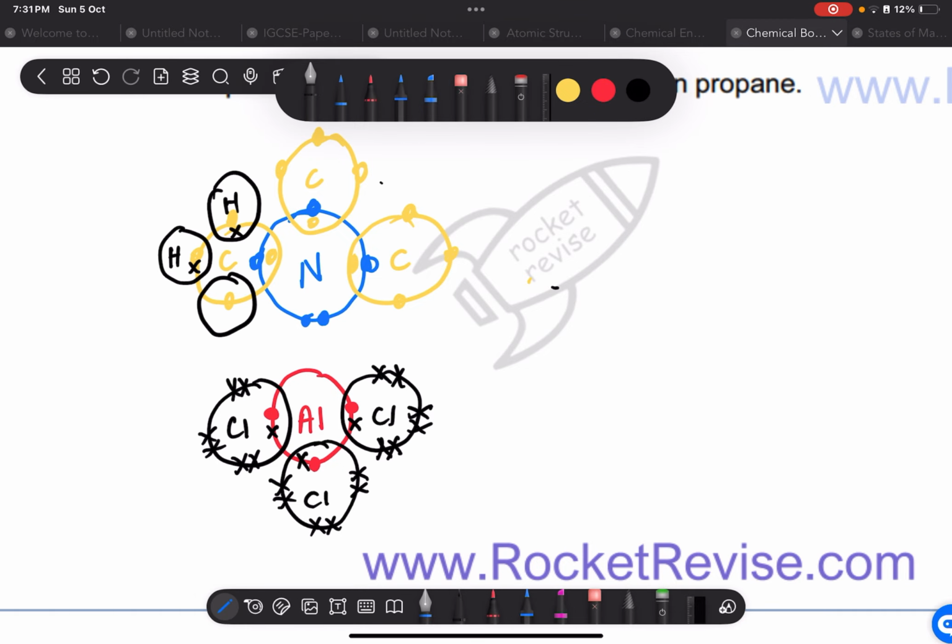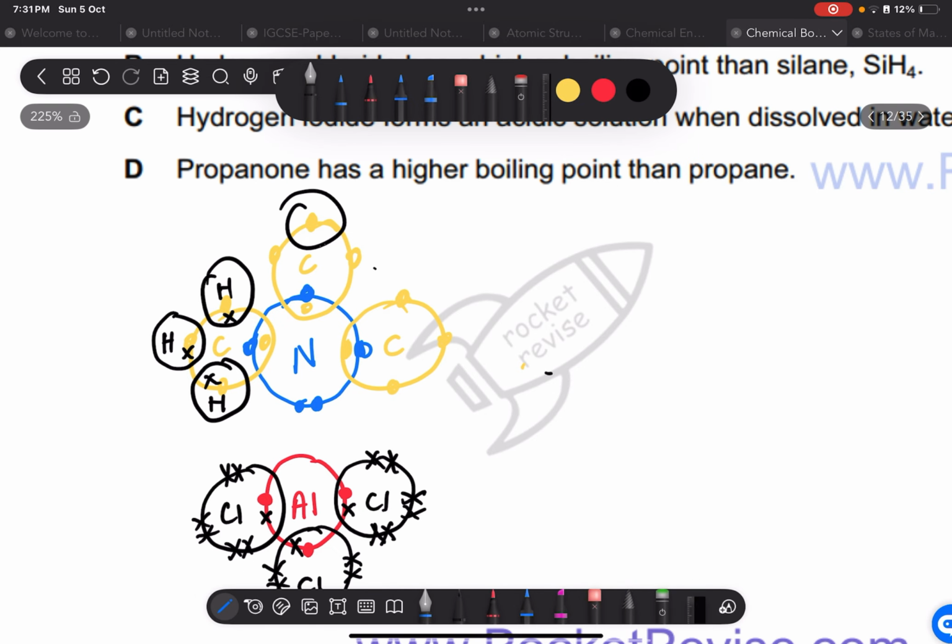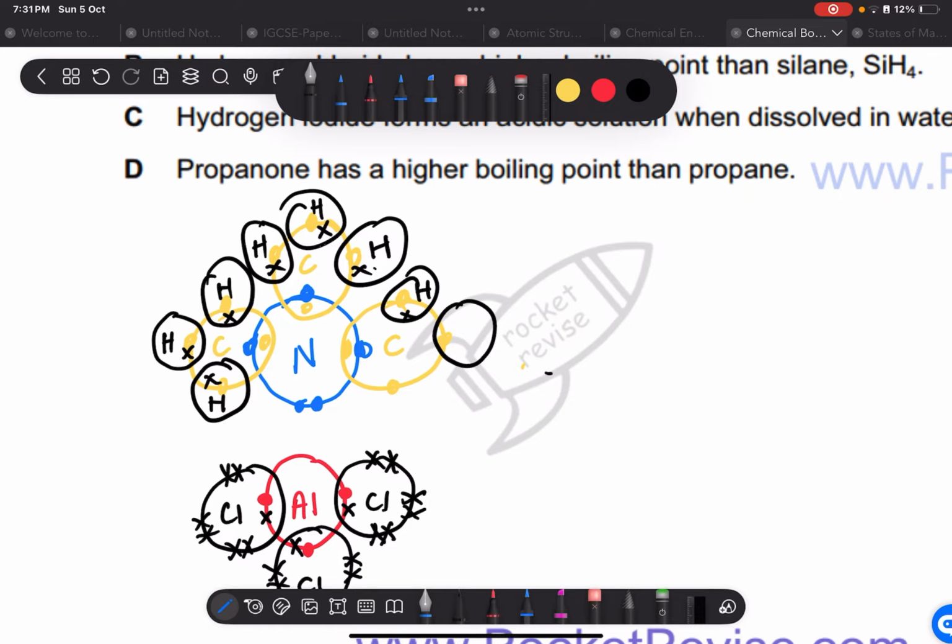It might seem complicated, but that is what's going on in the structure. And if you don't understand the structure, you won't be able to answer. You won't be able to tell what's happening here. So this is the structure.